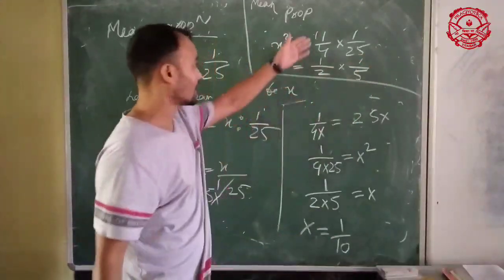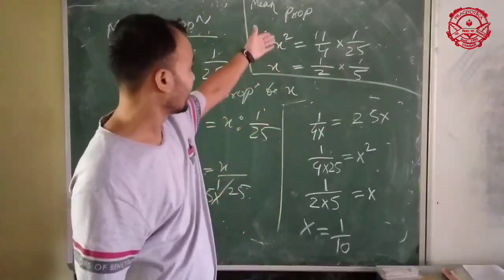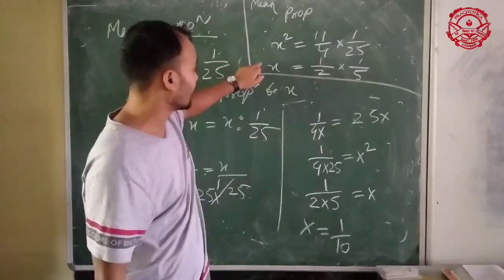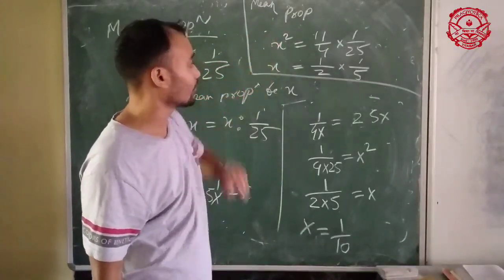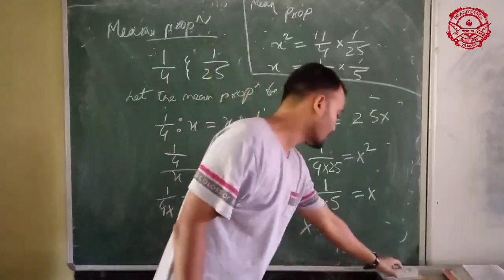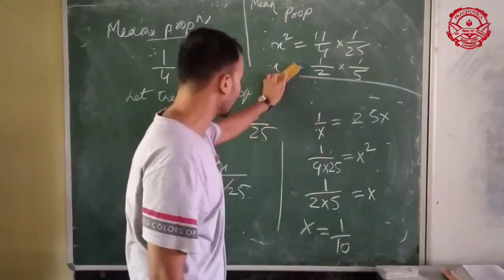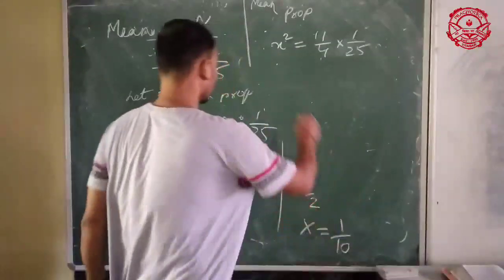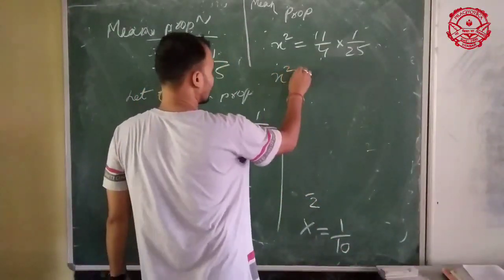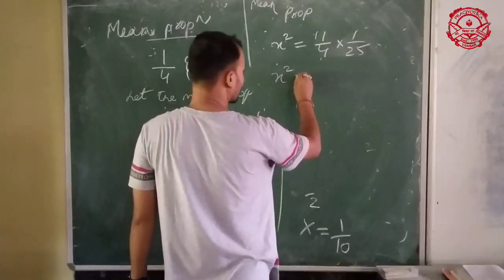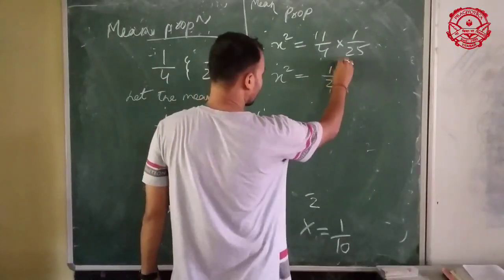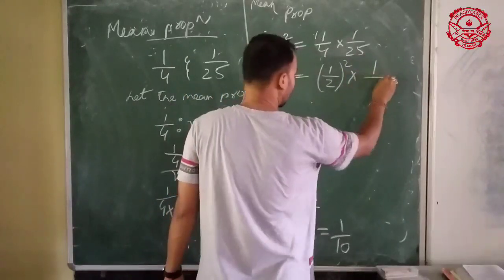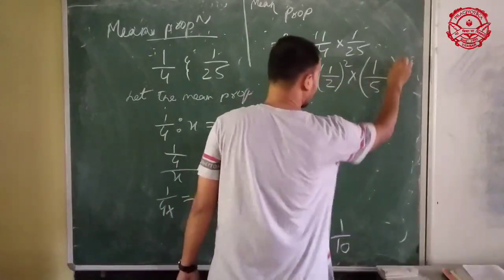Now how does this 1 by 4 become 1 by 2? See, this is x square. That is, we are taking the square of both sides. I will show you. Now see, this x square. You can represent 1 by 4 in terms of square, like 1 by 2 square. 25 is 5 square, so 1 by 5 square.